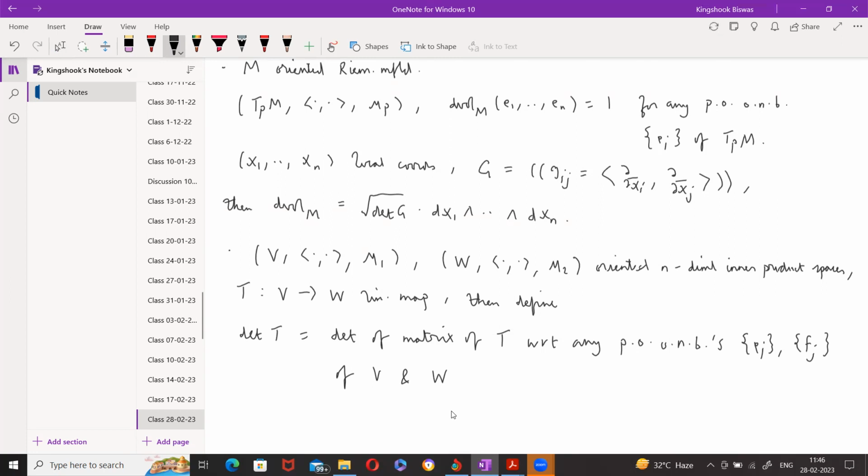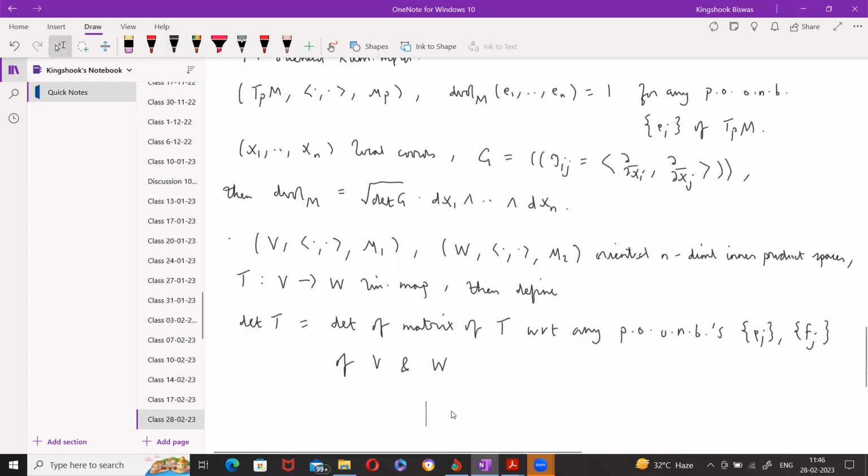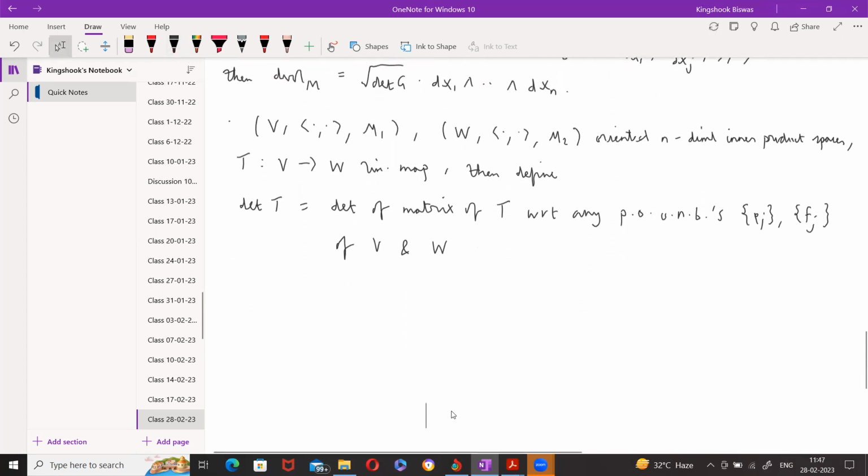So the change of basis matrices have determinant 1. So therefore this determinant of the matrix of T is well defined. Is that clear? Yes, it's clear. Okay. So the determinant of T is well defined.